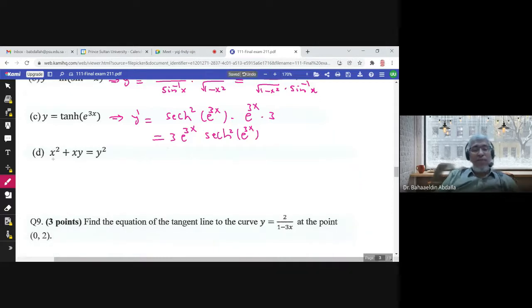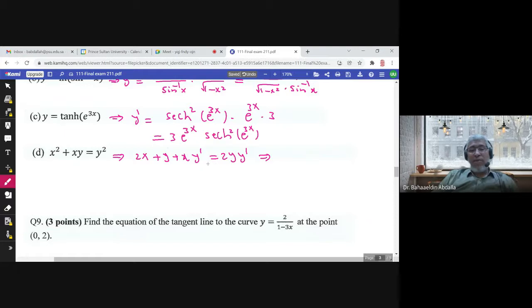Now here, I'll use implicit differentiation to find y prime. So the derivative of x squared is 2x. This is a product. Derivative of x is 1. Derivative of y is y prime. Derivative of y squared is 2y times y prime.